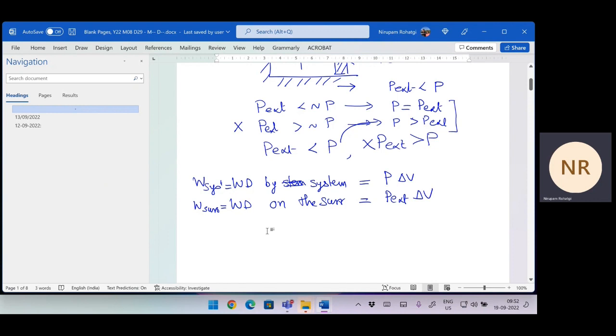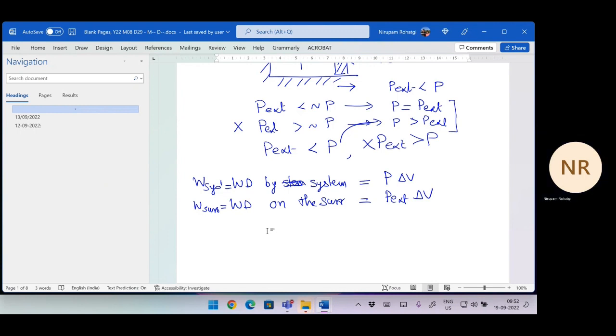Which work should we take for our equation? Yes, anybody? Kinetic energy of the? Yes, yes.